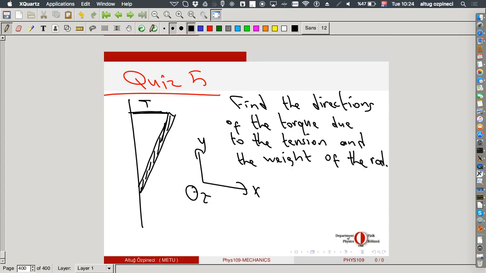I'm only asking you for the directions. So you have to specify two directions. One, the direction of the torque created by the string, the tension of the string.